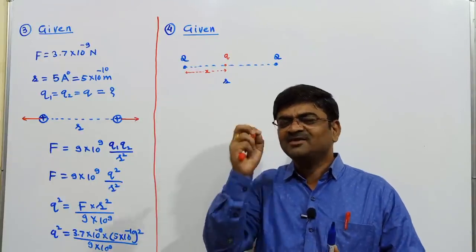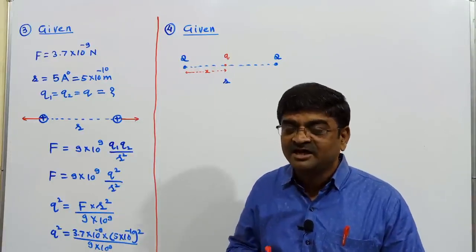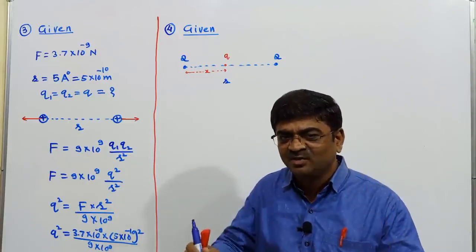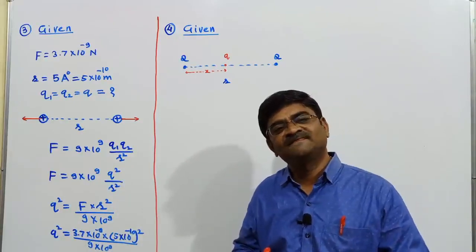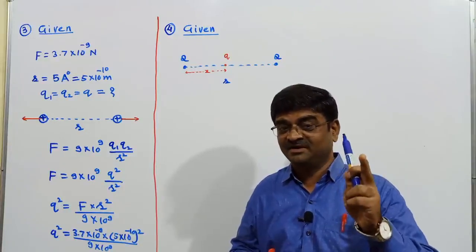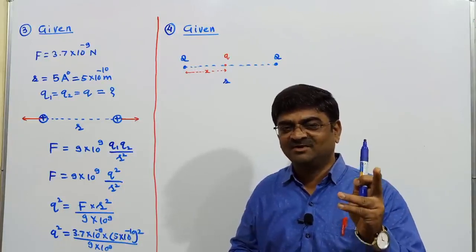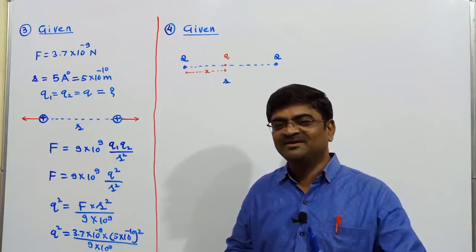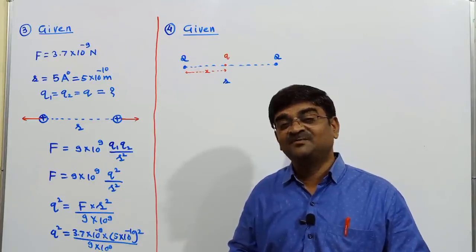If each and every charge of that system experiences 0 net force, then such a system of charges is said to be in equilibrium. Remember, very important condition. A system of a given number of charges is said to be in equilibrium if every charge of that system experiences net force 0.